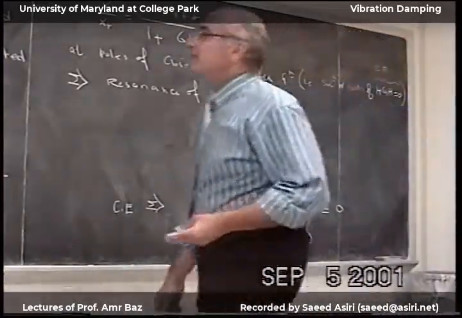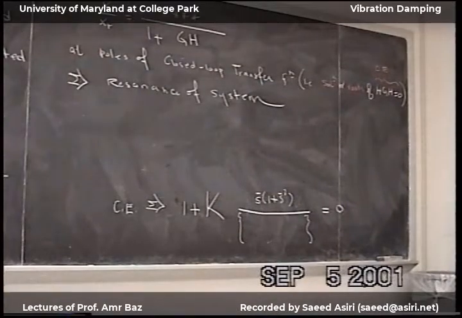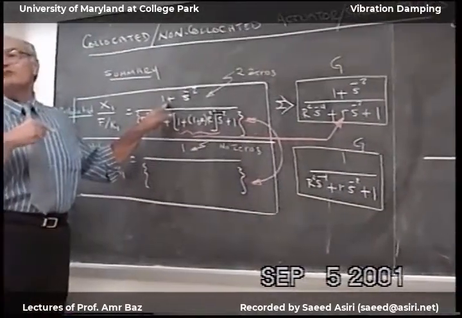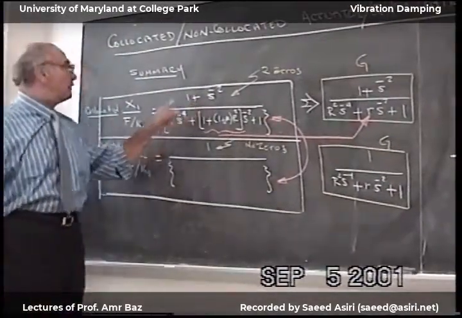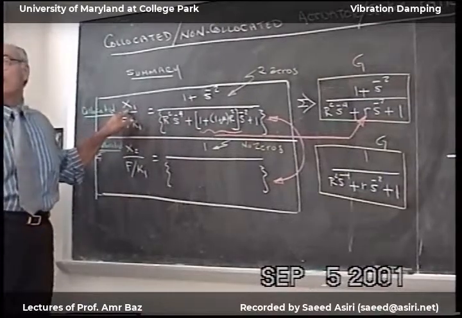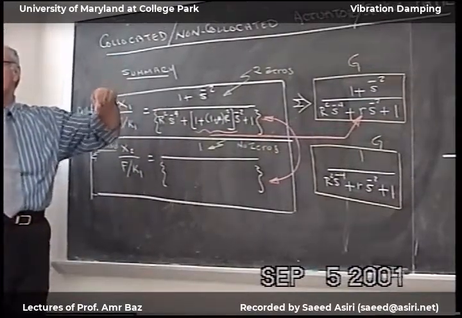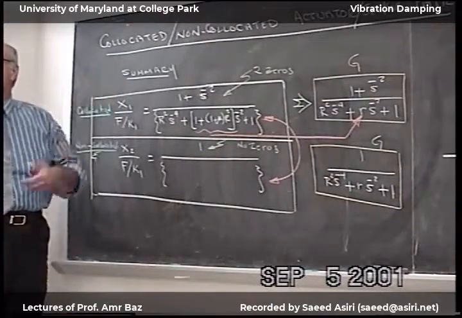Similarly, if I look at this equation, when I look at the zeros of the transfer functions, the zeros of the transfer function will make the amplitude that I'm looking at, x1 or 2, go to 0, will be very small. So these are called anti-resonances.